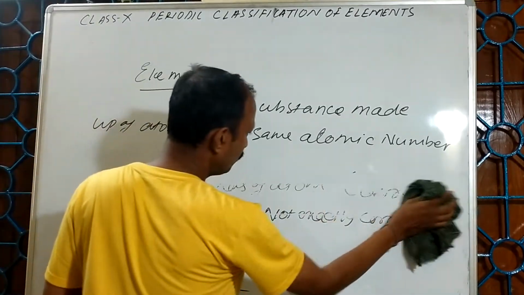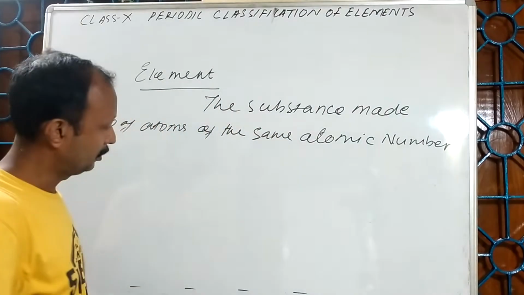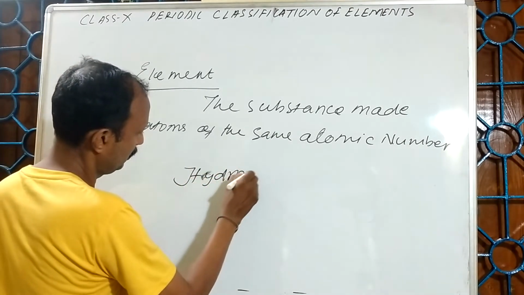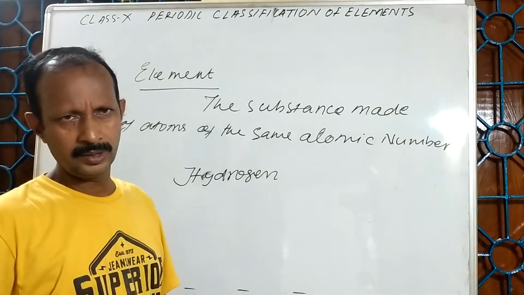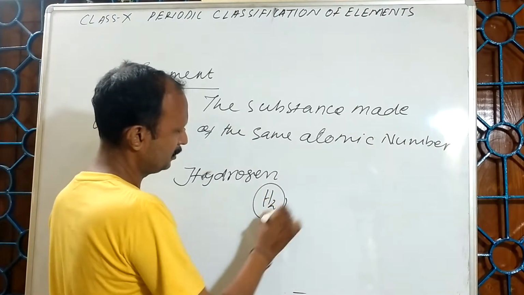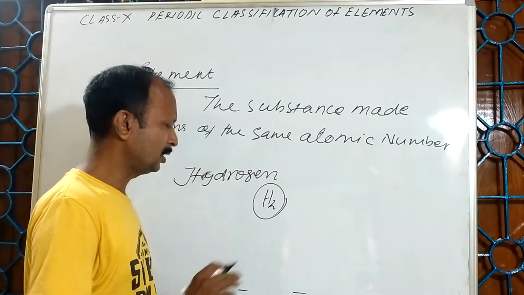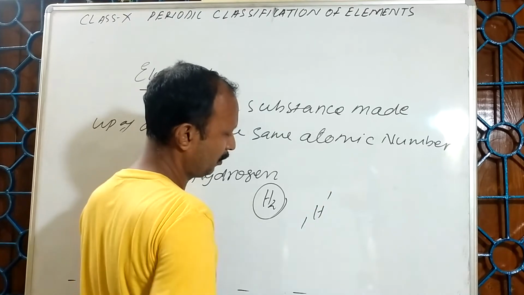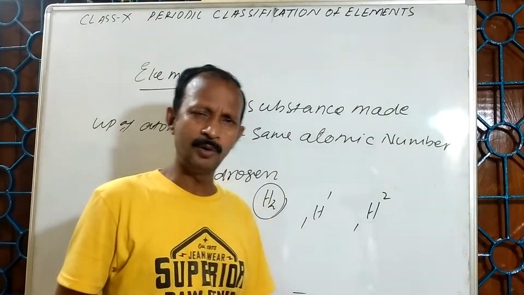Let us see. For example, hydrogen. The name of an element is hydrogen. Whenever I say hydrogen, it is a diatomic molecule. In the diatomic molecule, in the sense, we used to write H2. But in this hydrogen, suppose one hydrogen's mass is 1, another hydrogen's mass is 2. You have studied about the isotopes.